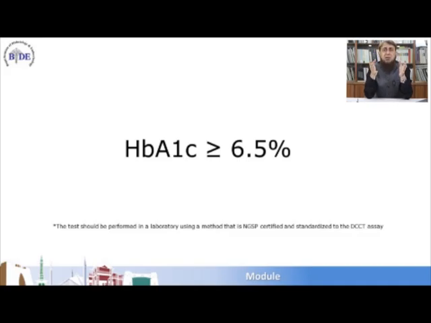But here I must emphasize the limitations and some other points for HbA1c. Data from Pakistan, the National Diabetes Survey of Pakistan, done by BIDE and the Ministry of Health, has shown that the sensitivity and specificity of HbA1c to diagnose diabetes is not that accurate.